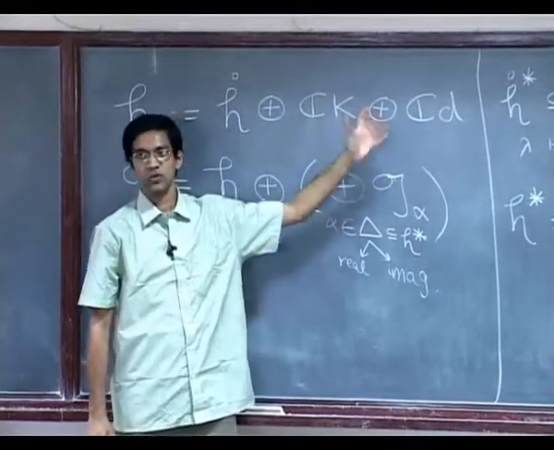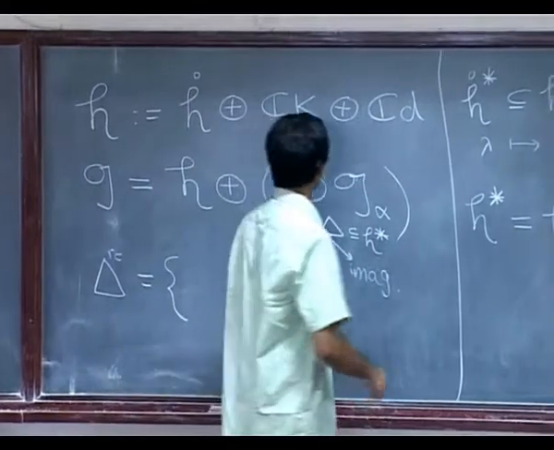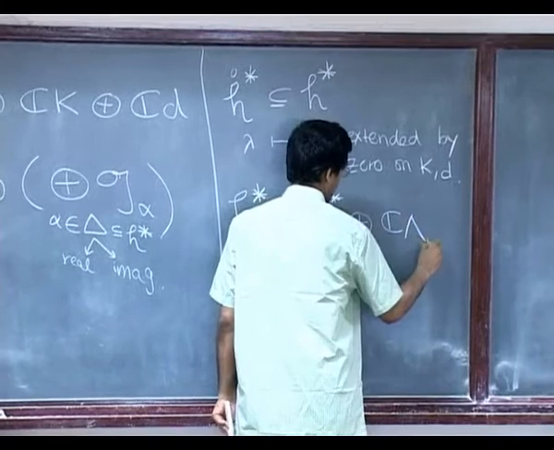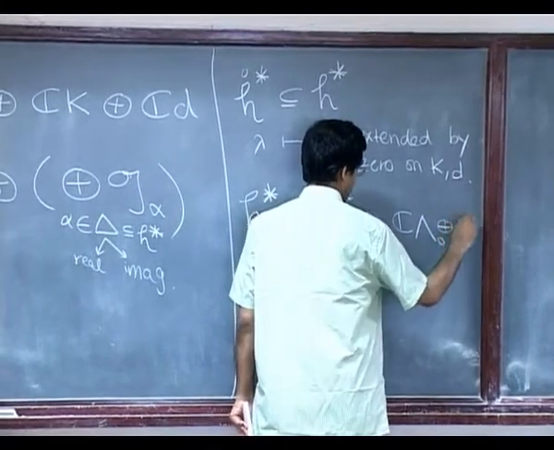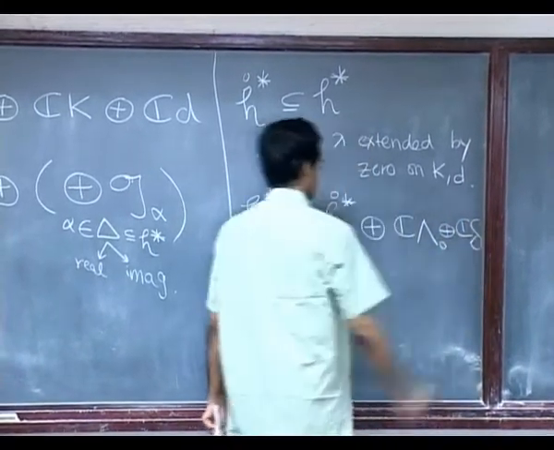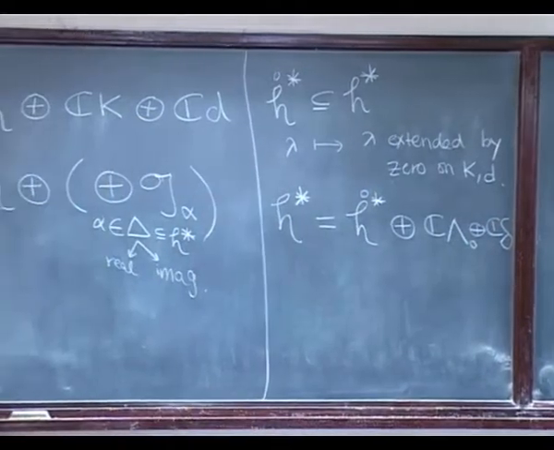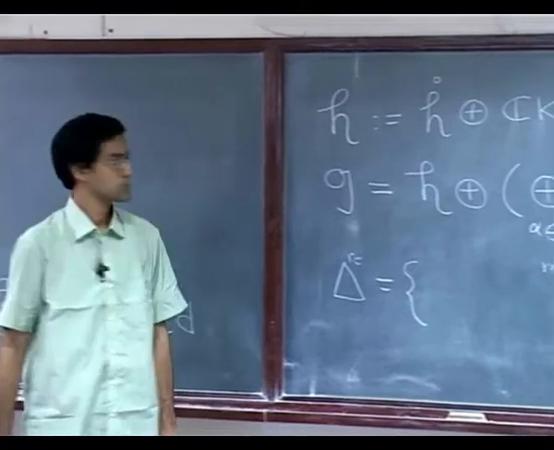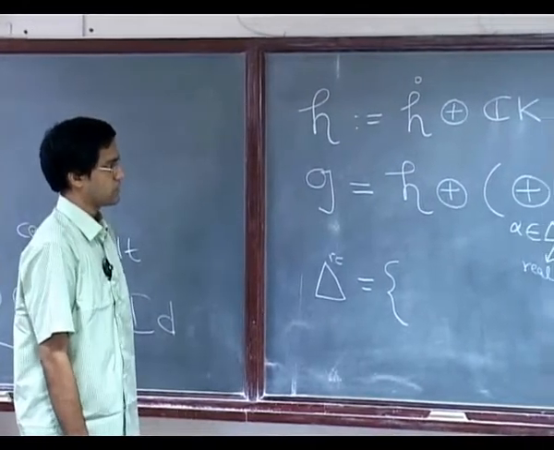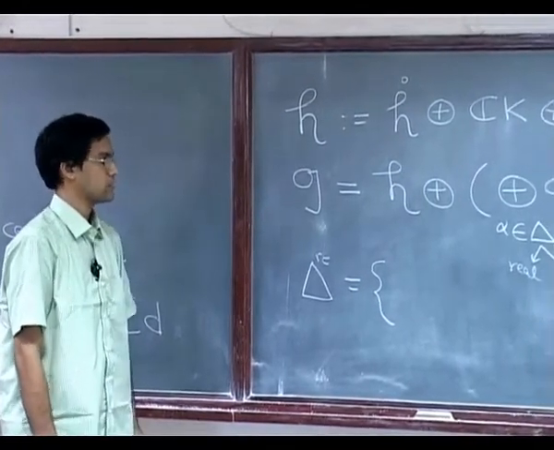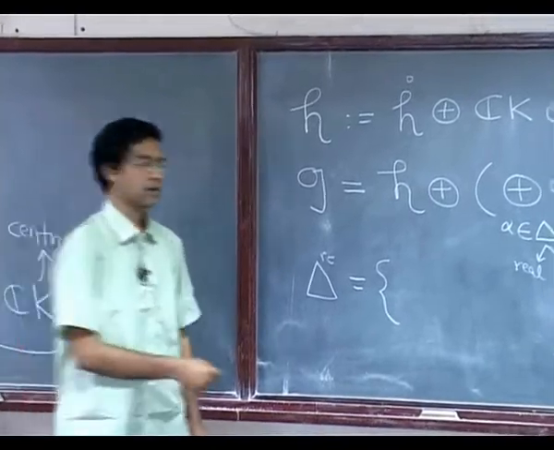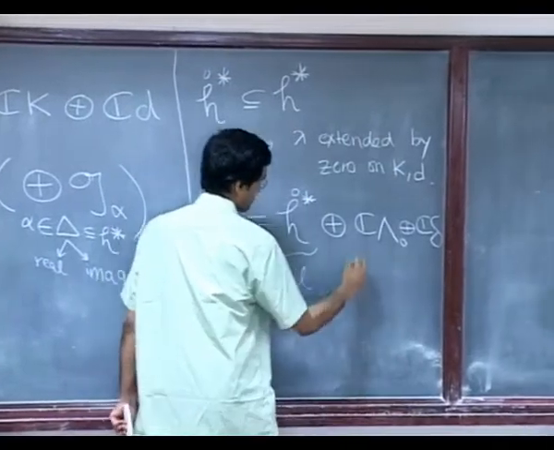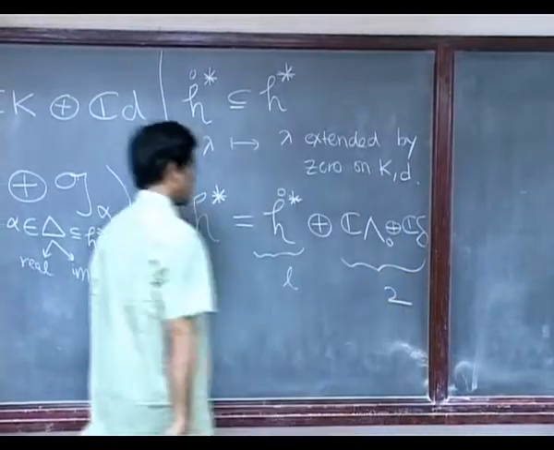So we take these two extra elements, the one dual to K is called lambda naught, and the one dual to D was called delta. So this is the structure of H star, and if your H naught was an L dimensional vector space, we have added this extra 2-dimensional space.